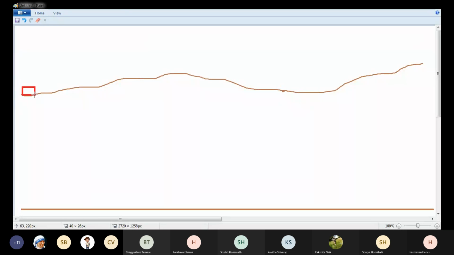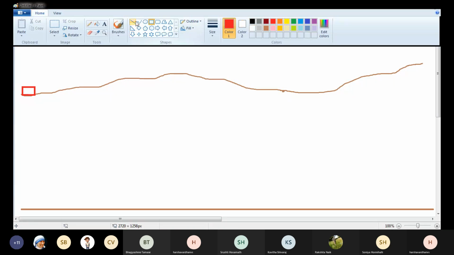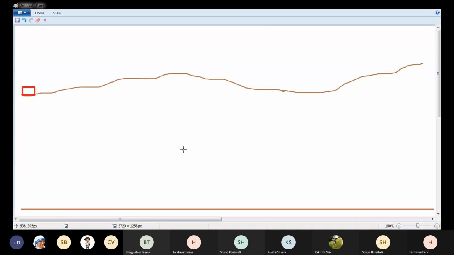Let's say this is my benchmark, and a benchmark is a point whose elevation is known. Elevation is the vertical distance from the datum.